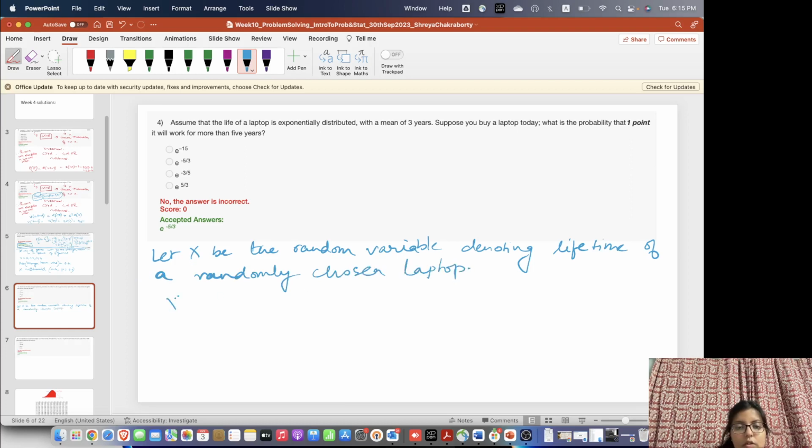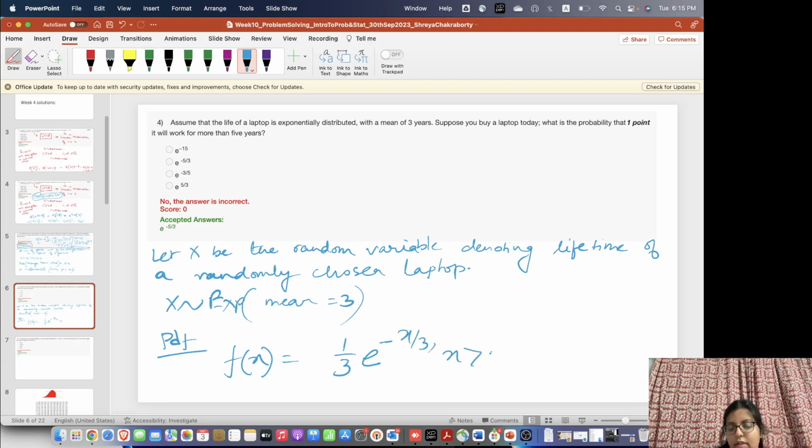So X follows exponential with mean equal to 3. Then the PDF of X would be f(x) equal to 1 by 3 e to the power minus x by 3 when x is greater than 0.